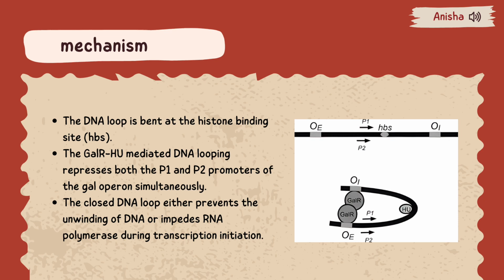This GAL-HU-mediated DNA looping represses both the P1 and P2 promoters of the gal operon simultaneously. The closed DNA loop either prevents the unwinding of DNA needed for open complex formation or impedes the processive DNA contacts by RNA polymerase during transcription initiation, thereby repressing both promoters. As a result, structural genes are not transcribed.